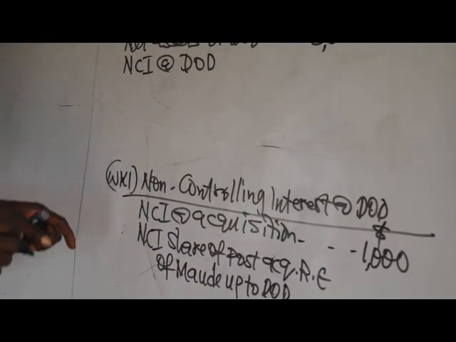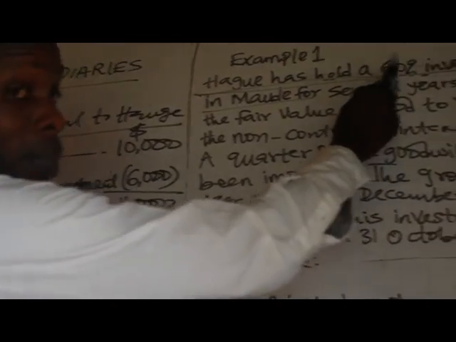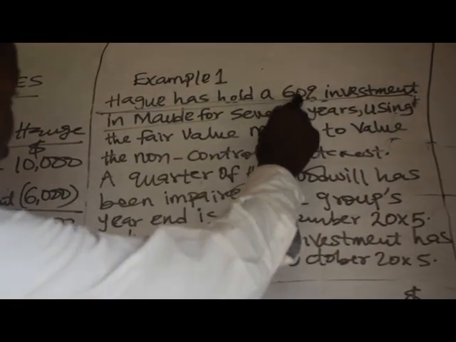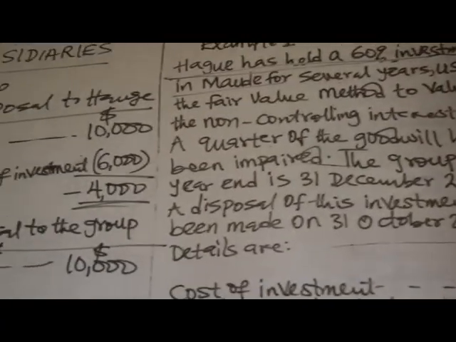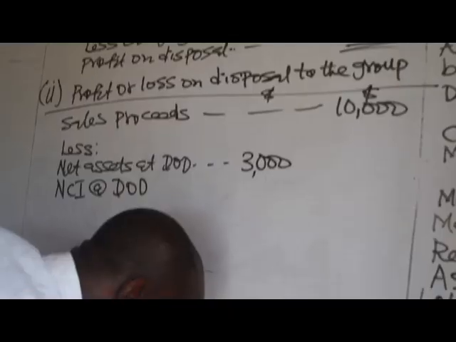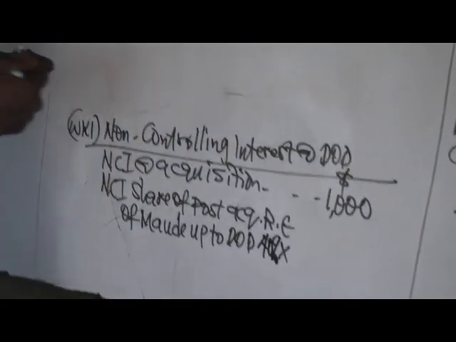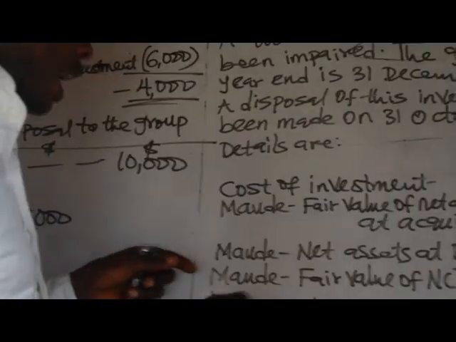The stake held in Mild is 60%. That means the percentage attributable to NCI is 40%. So we have 40% of post-acquisition retained earnings from the date of acquisition to the date of disposal.